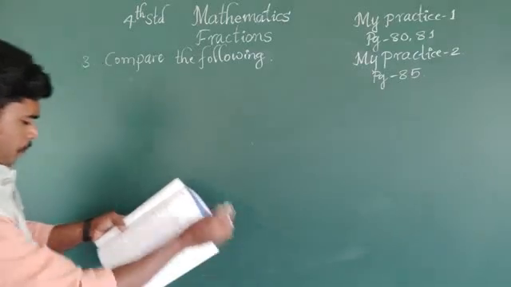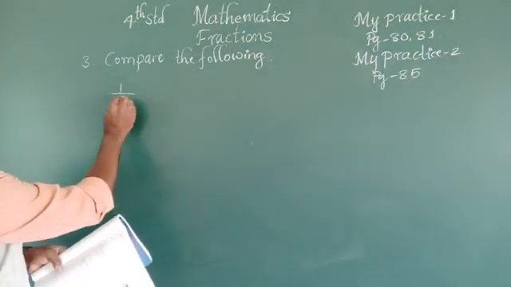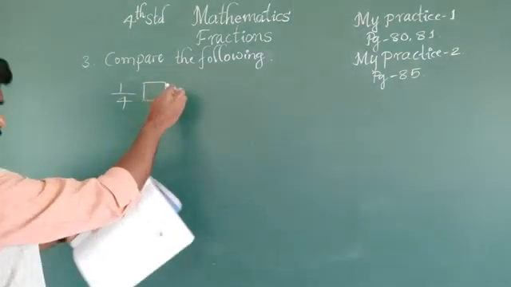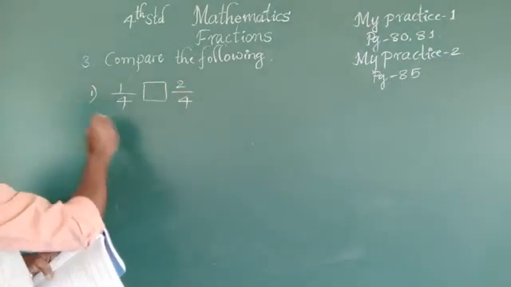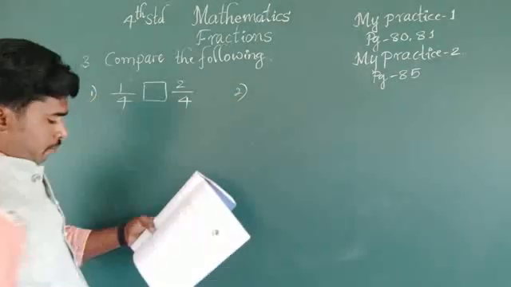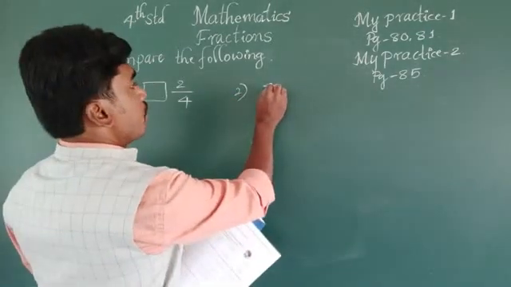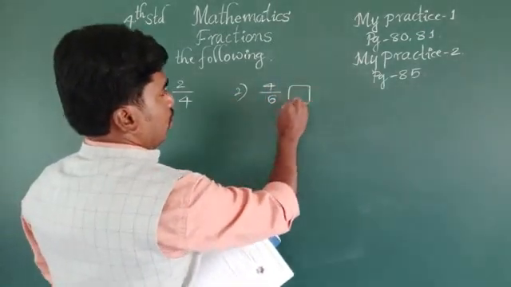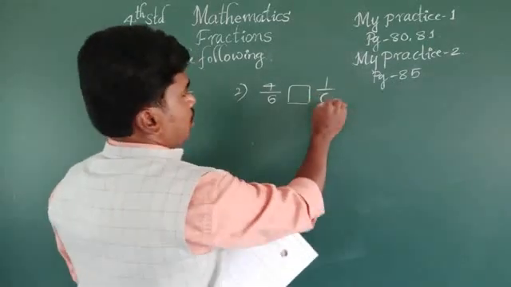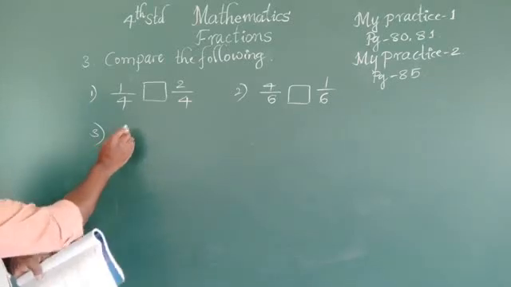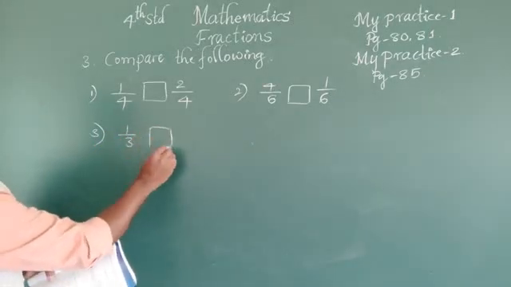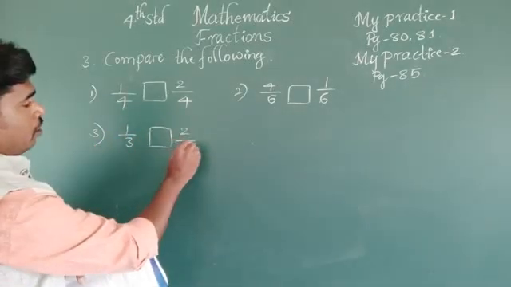Observe, dear children: 1 by 4 and 2 by 4, it is the first one. Second one, 4 by 6 and 1 by 6. And third one, 1 by 3 and 2 by 3.